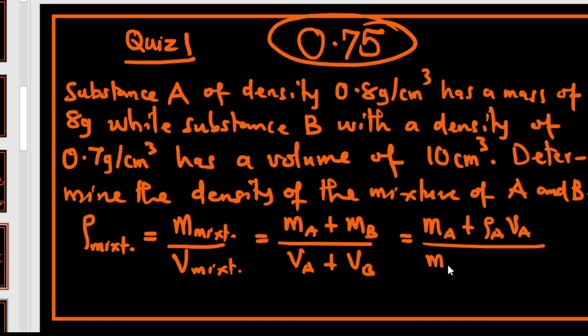So we have MA over density of A, then plus the volume of B. These that I wrote as rho A and VA should have been rho B and VB.